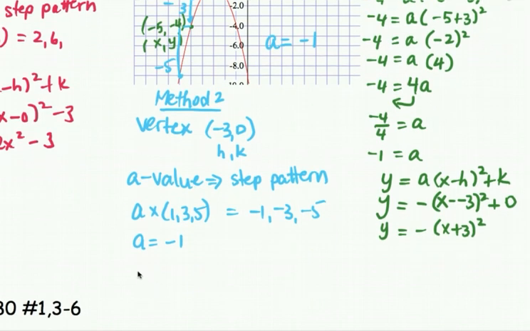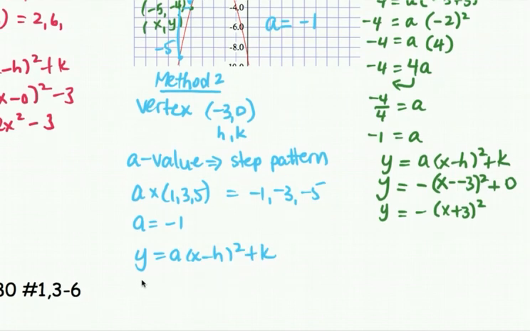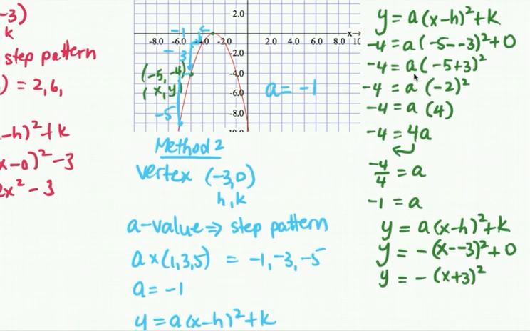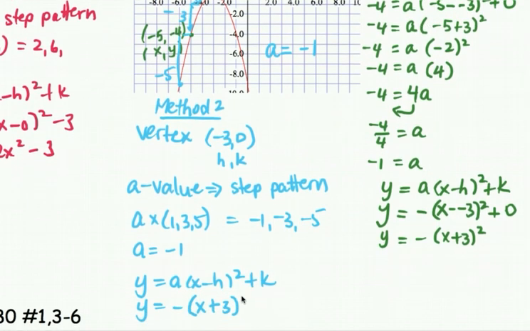Okay, and now we can build our vertex form equation. So negative only, like that. And if you start getting really good at this, you know the h value. If it's -3, the opposite goes in. So you can even do a shortcut here: oh, I know it has to be +3. Or you can do what we did here. We went -3.